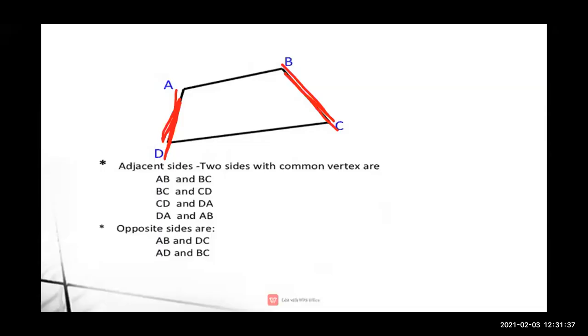AD and BC, that is the other pair. So there are two pairs of opposite sides. But how many pairs of adjacent sides are there? Very good, Shwetlana. There are 4 pairs of adjacent sides.